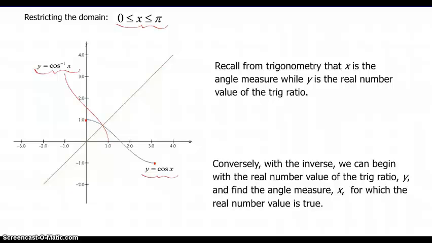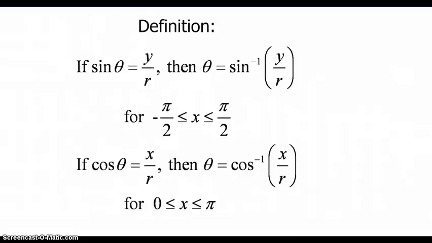Conversely, with the inverse, we can begin with the real number value of the trig ratio, we'll call it y, and find the angle measure for which the real number value is true. We'll talk more about that when I give you some hints later on. So you'll definitely need to know the inverse function for sine and cosine. You'll need to know it as well for tangent and for secant.